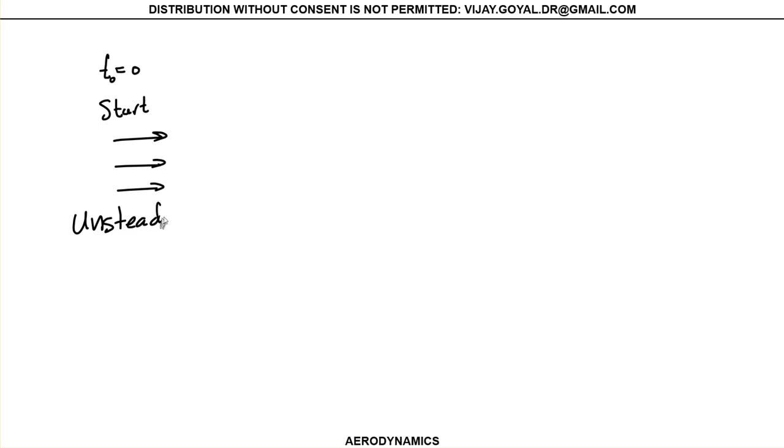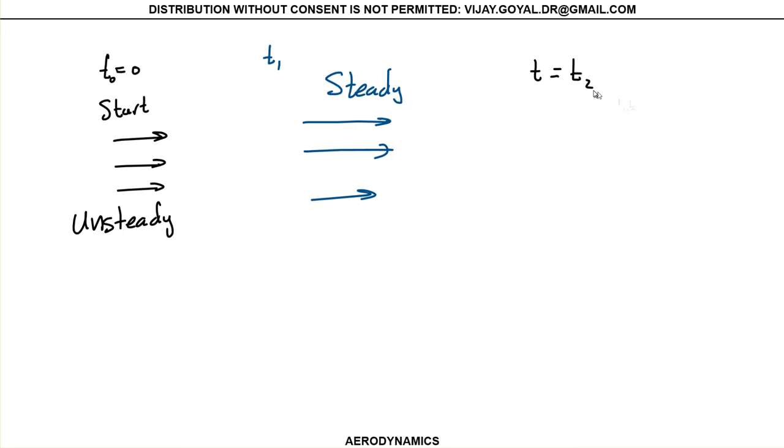It has to start at 0 velocity and evolve itself until, after some time t1, it becomes completely steady. Let's suppose at time t2, I am going to start my process to stop. I'm going to stop at time t3.